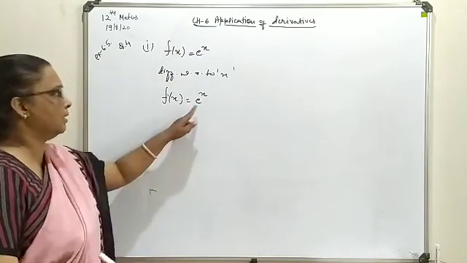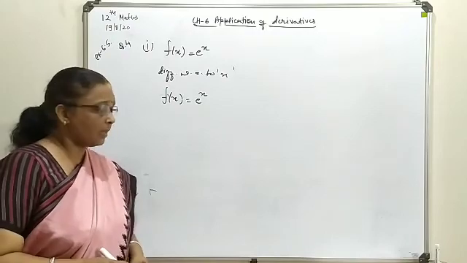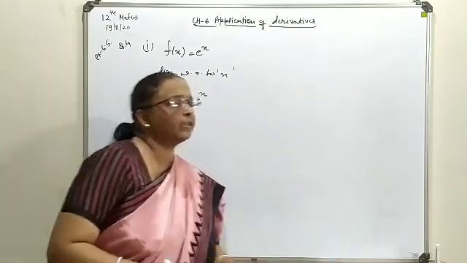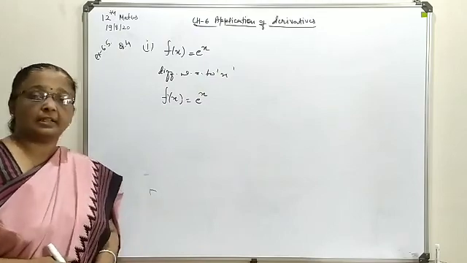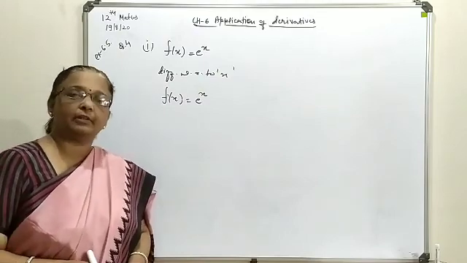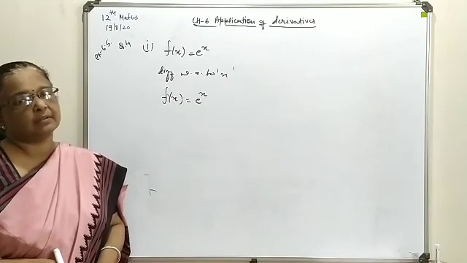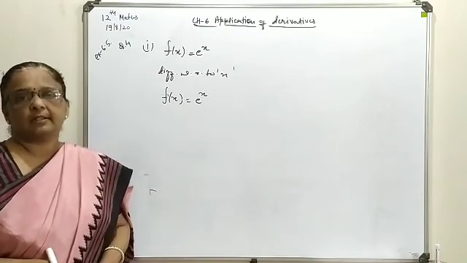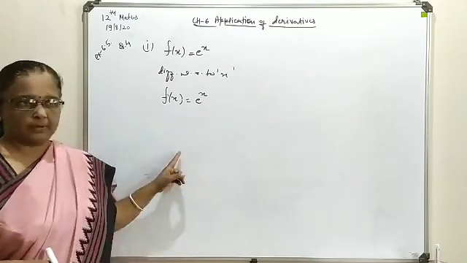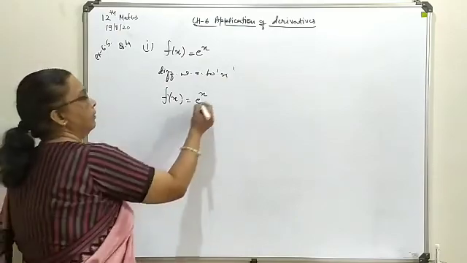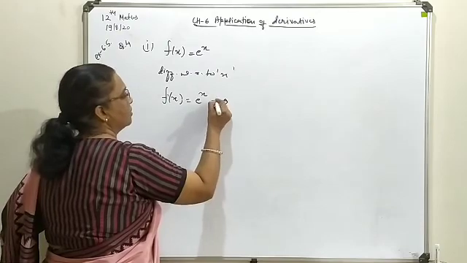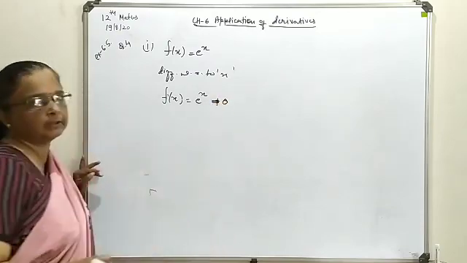Here you can see that e power x, being an exponent form, can never be zero. E power x never tends to 0. Even if the value of x is 0, e power 0 gives 1. So for this type of function, it can't be 0 for any value of x.